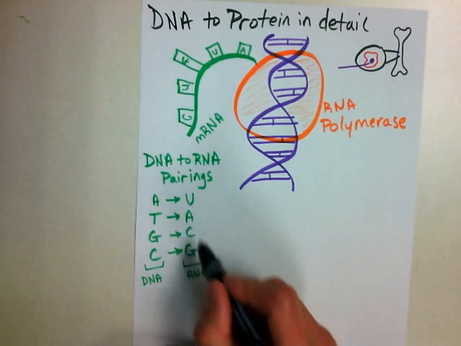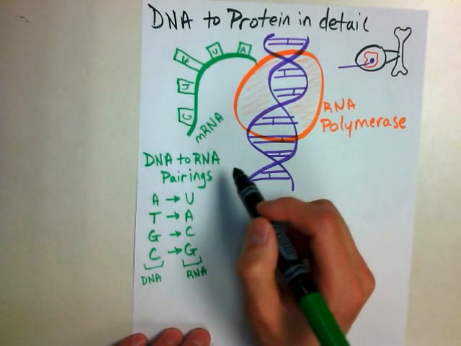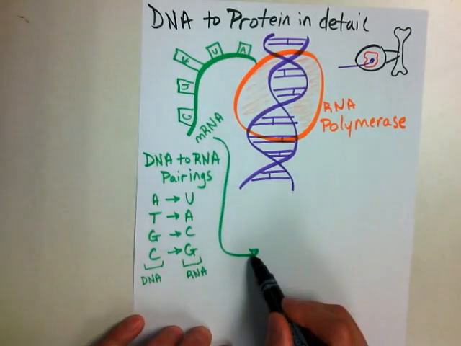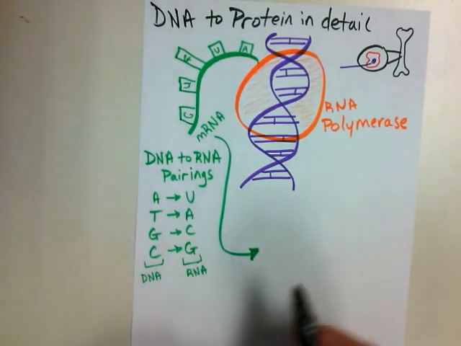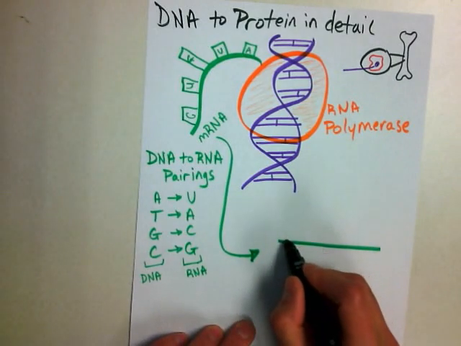So this code that is made, or this messenger RNA, has to go to another part of the cell. So that's where I'm going to draw the next thing. So this code is going through kind of a belt.